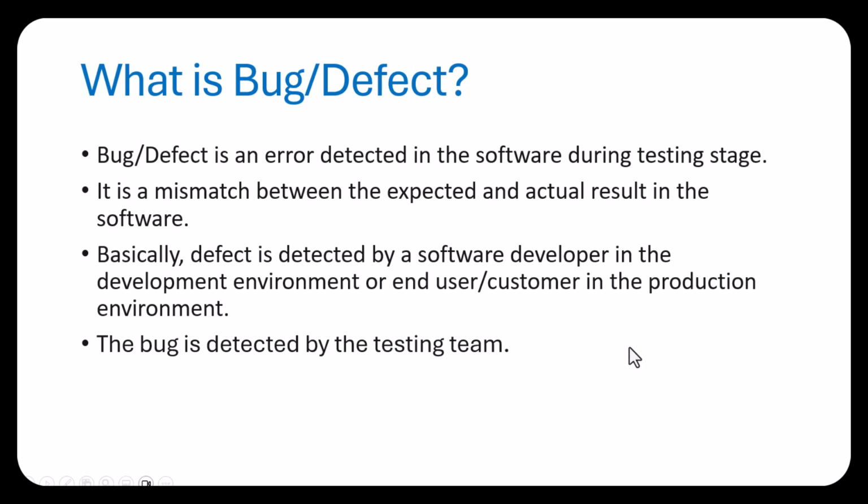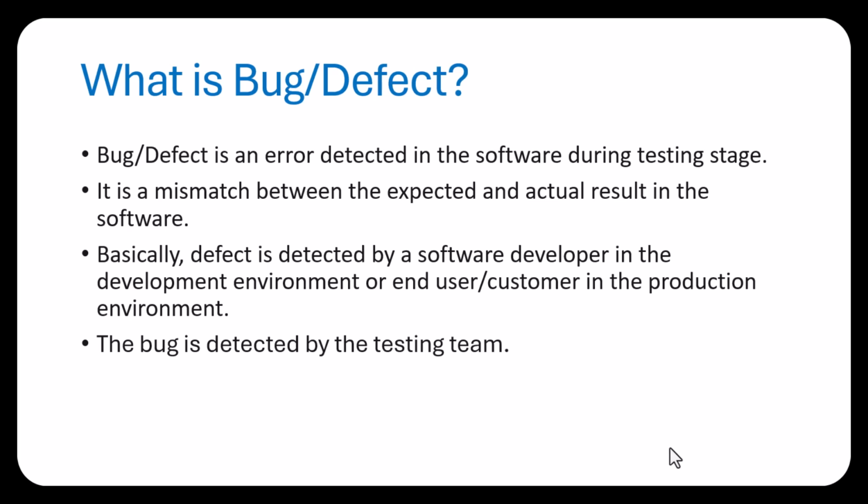First, as I said, I'm going to give you a very brief description regarding bug or defect. A bug or defect is an error in an application, and it is created during the designing phase or development phase or coding phase, due to which the software will start showing some abnormalities.